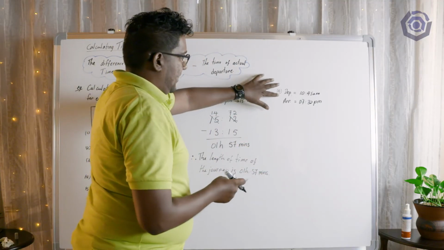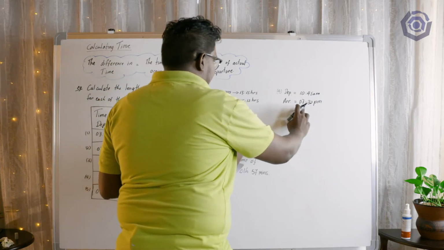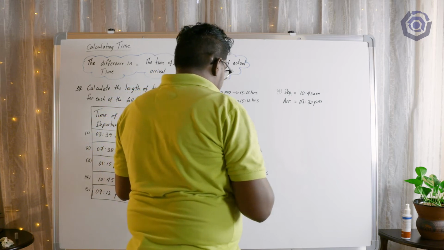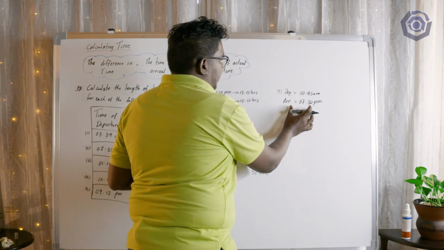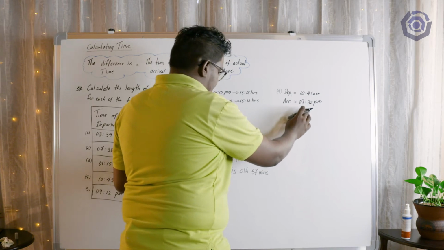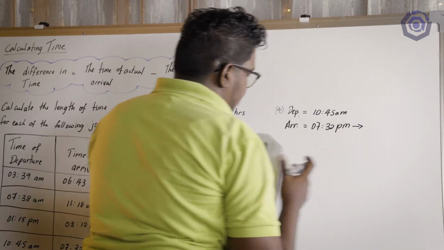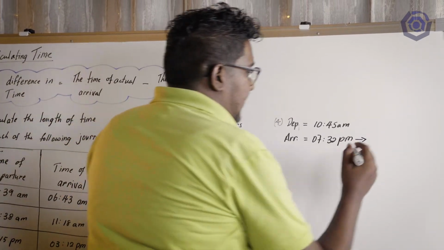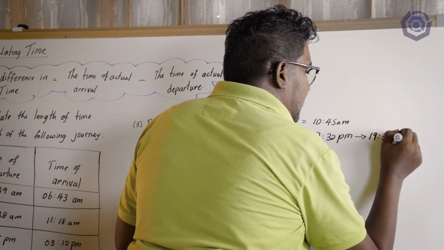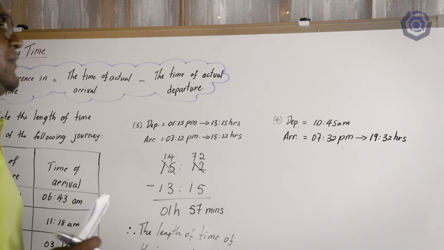Now, the departure is in the morning, and the arrival is in the night. So for this one, we have to change our 7:32 into 24 hours, and 7:32 is going to be 19:32 hours. Formula is arrival subtract departure.